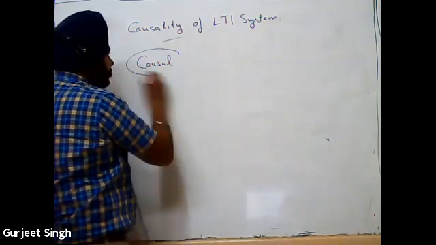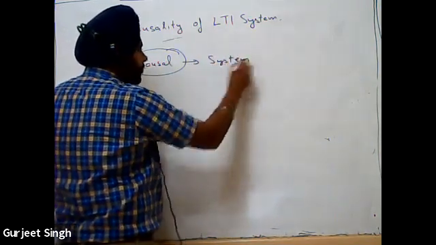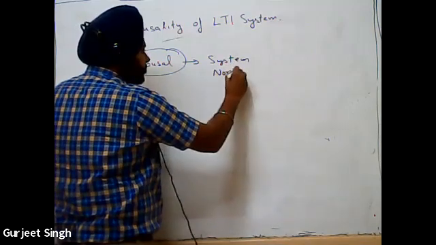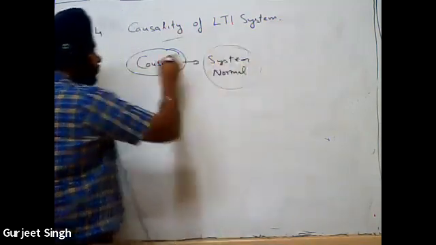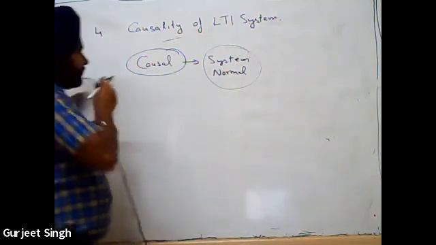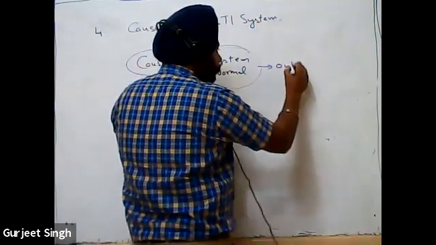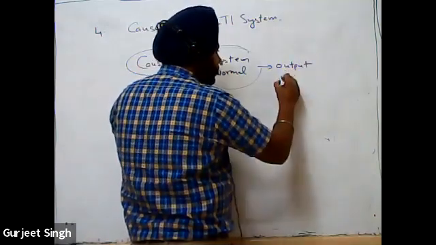First of all, we will discuss causality in a normal system. What is the definition of causal? A system whose output depends upon the present and the past value of the input.